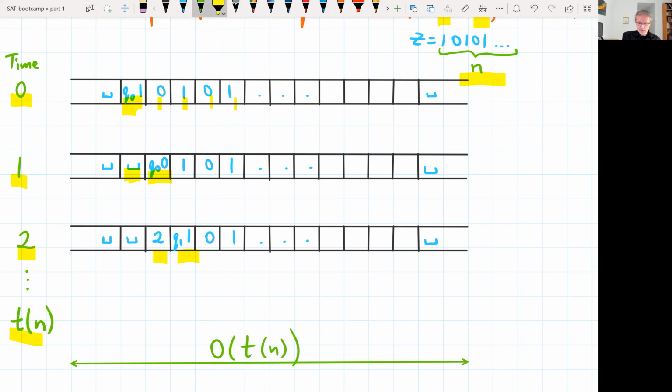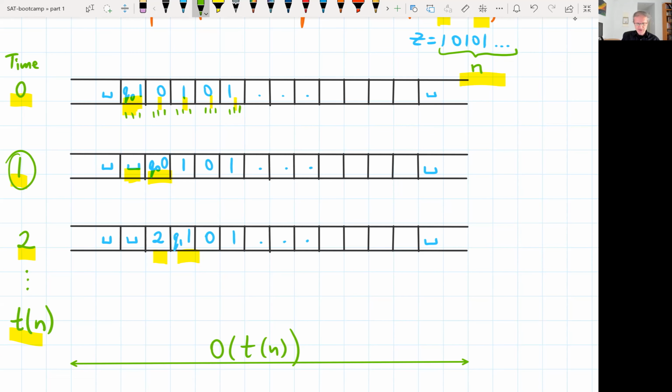Okay, so I imagine that in each of these tape cells, I write down the binary representation of the symbols in these cells. Okay, like so. And then I need to compute the value of the encodings of the symbols in the next time step, in time step 1, for example. What do I need to do?